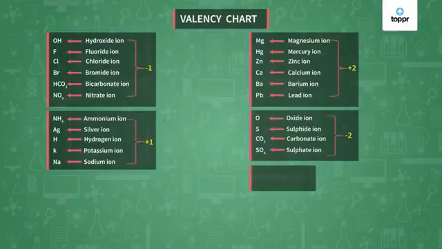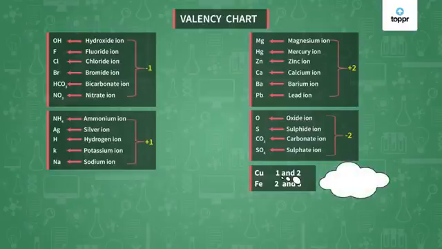Okay, now let's come to copper. Copper's valency is 1 and 2. And let's come to iron. Even iron's valency is 2 and 3. So both copper and iron here have variable valencies. If we have to take copper's valency as 1, we have to mention that.